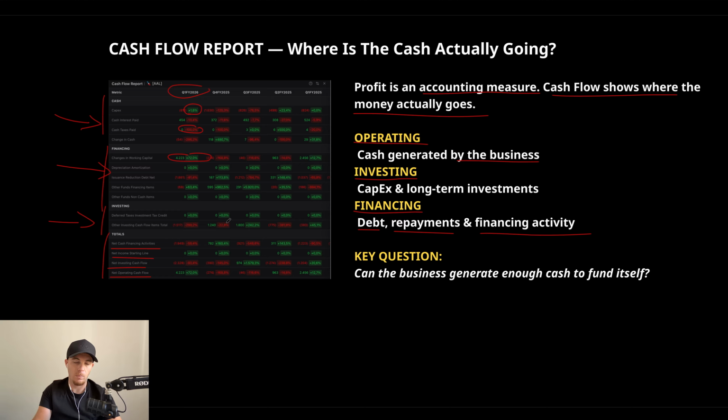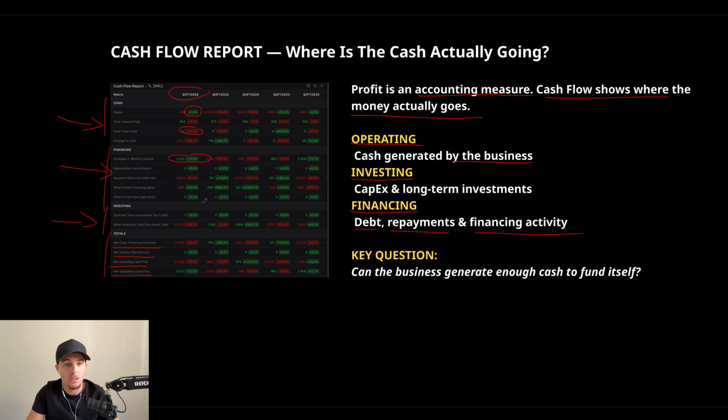And at the end, analyzing the cash flow should allow you to answer this quick question. Can the business generate enough cash to fund itself? If they are not able to generate enough cash, maybe it's not worth it to invest in this company. So these are the three big elements to analyze if you want to invest in a company.